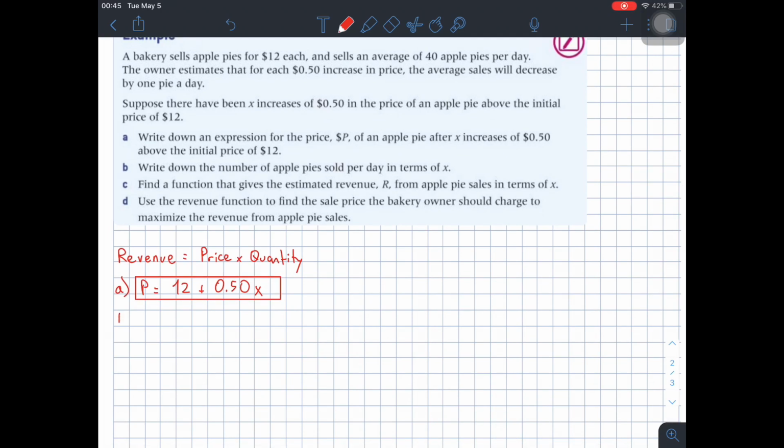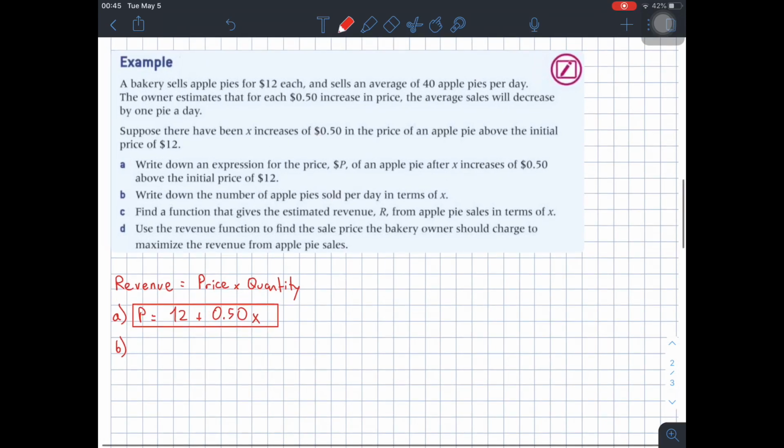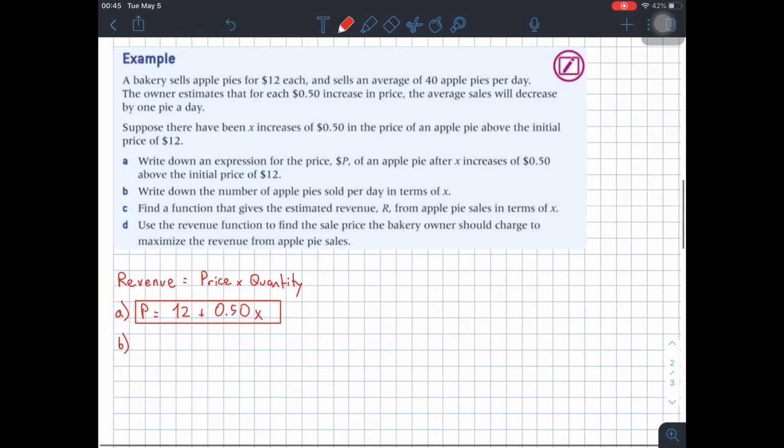Then for part B, it says, write down the number of apple pies sold per day in terms of X. Remember that for each increase that we do, the average sales decrease. We're selling less when we increase price, which is completely logical, right? Decrease by 1 pie per day. That means that if I increase 1 times 0.50, that is if X is 1, I'm gonna sell 1 pie less that day.